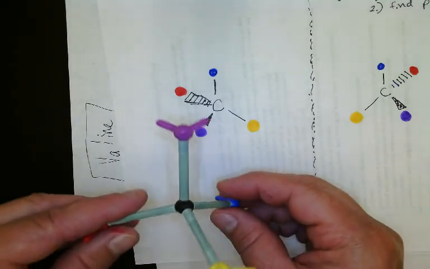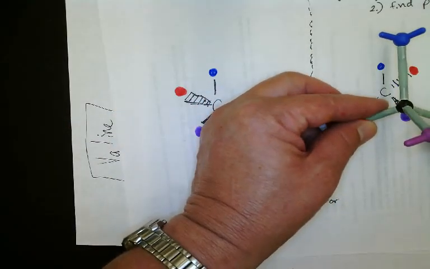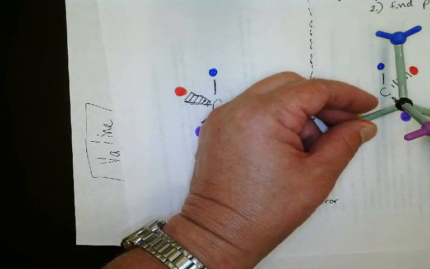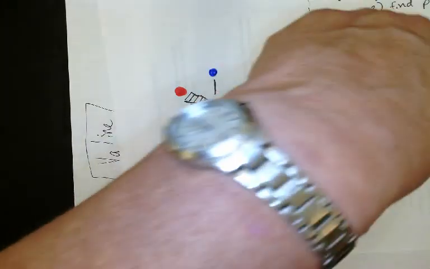So do you see how they're mirror images of each other? Now if I take this right here, and I put it on top of that, do you see how it's not the same? Do you see how the red's here and it's not back here? That's what chiral means. Do you see my point?